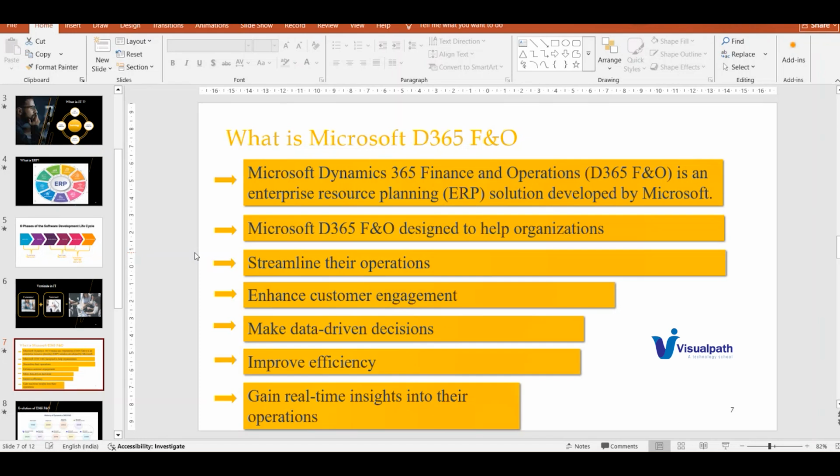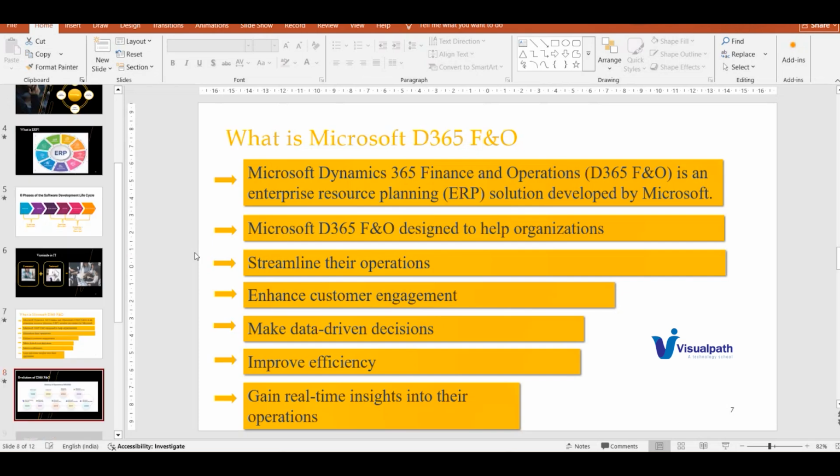With this application, you can streamline the operations, make data-driven decisions, and have real-time insights over what is happening in the business. So that's why people will go for it. I am just explaining about Dynamics 365, not any ERP.